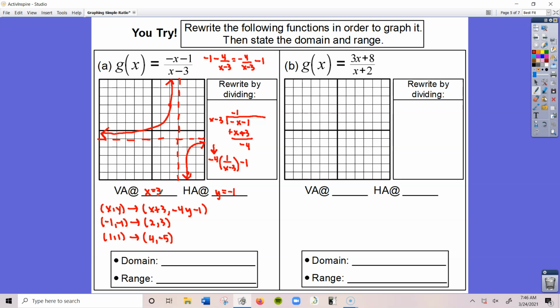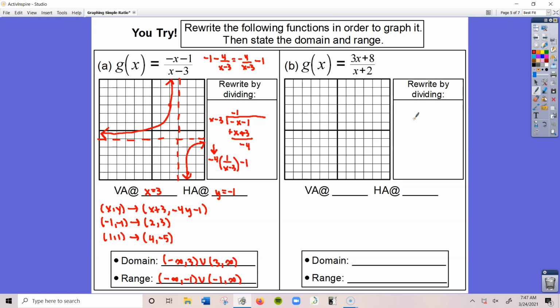Once more, my domain is restricted by my vertical asymptote. So my domain would be negative infinity to 3, union 3 to infinity. My range is restricted by the horizontal asymptote. So my range would be negative infinity to negative 1, union negative 1 to infinity.